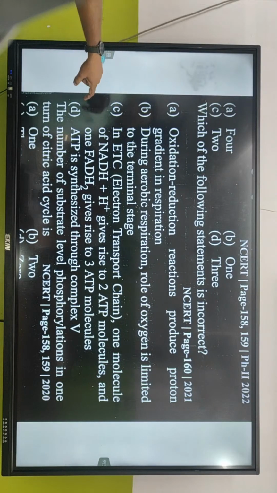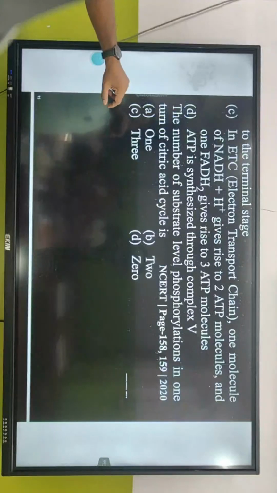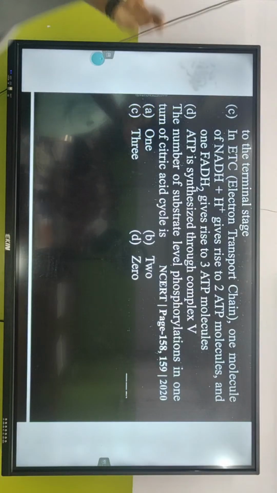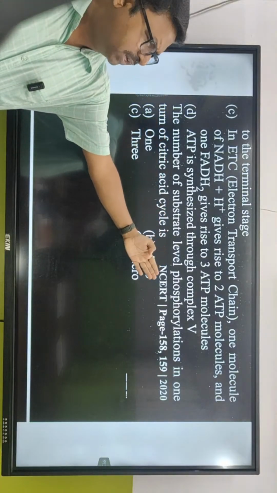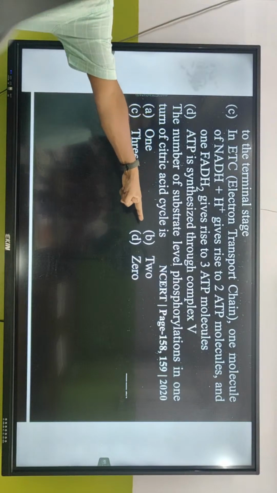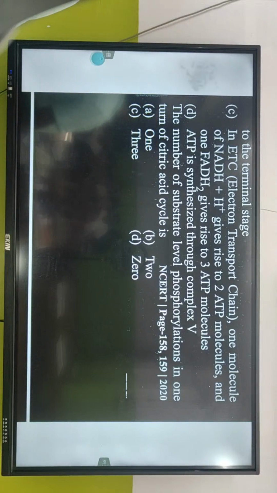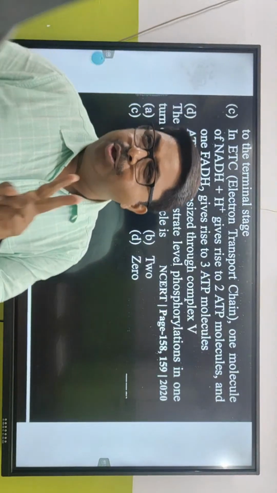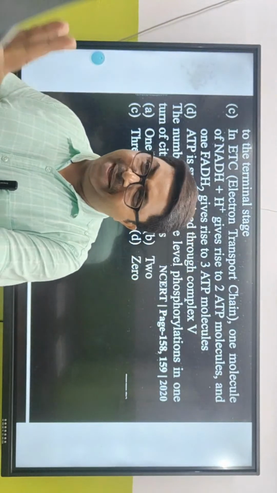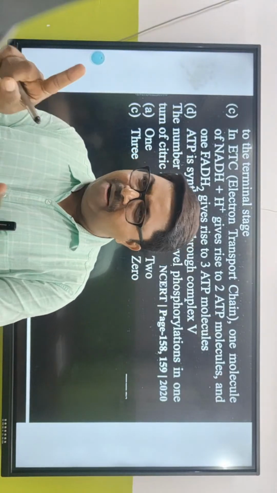You cannot do this one, as I have not taught ETS. The number of substrate level phosphorylations in one turn of the citric acid cycle. Very good, clear? Mind you, two things remain: fermentation and HMP.